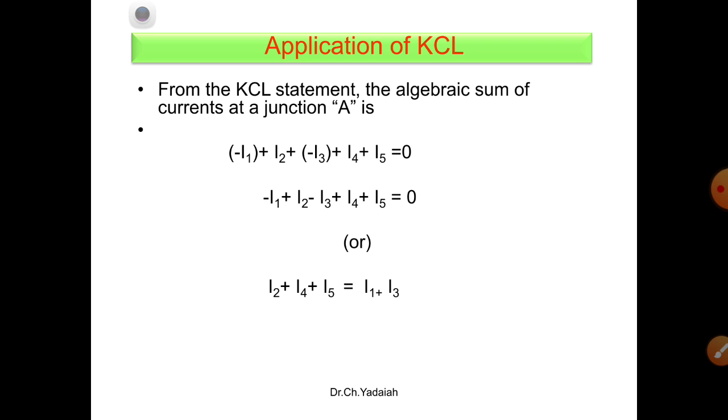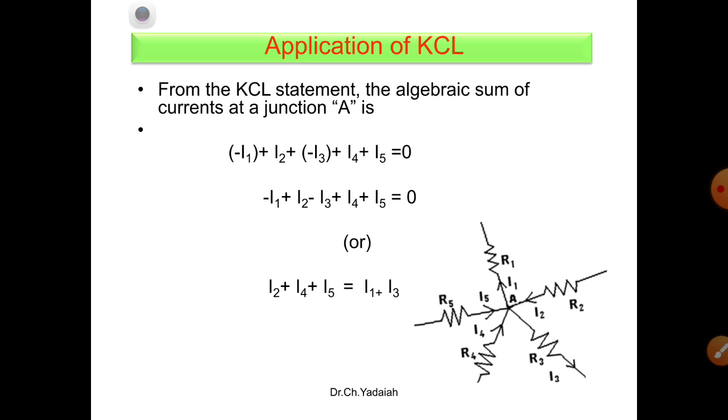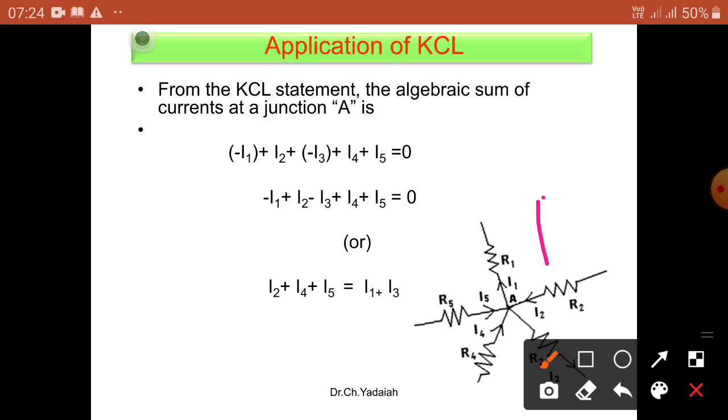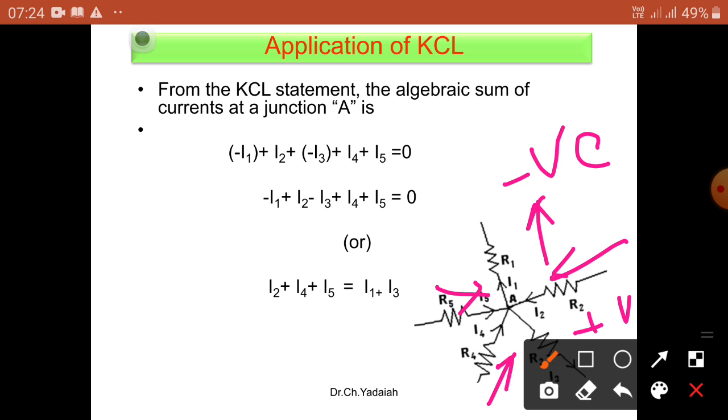As we see in the circuit, at junction A, I1 is leaving from A, so we take it as negative, and I2 is coming toward the junction, so we take it as positive. This is also coming in this direction, this is also coming in this direction, and this is leaving.